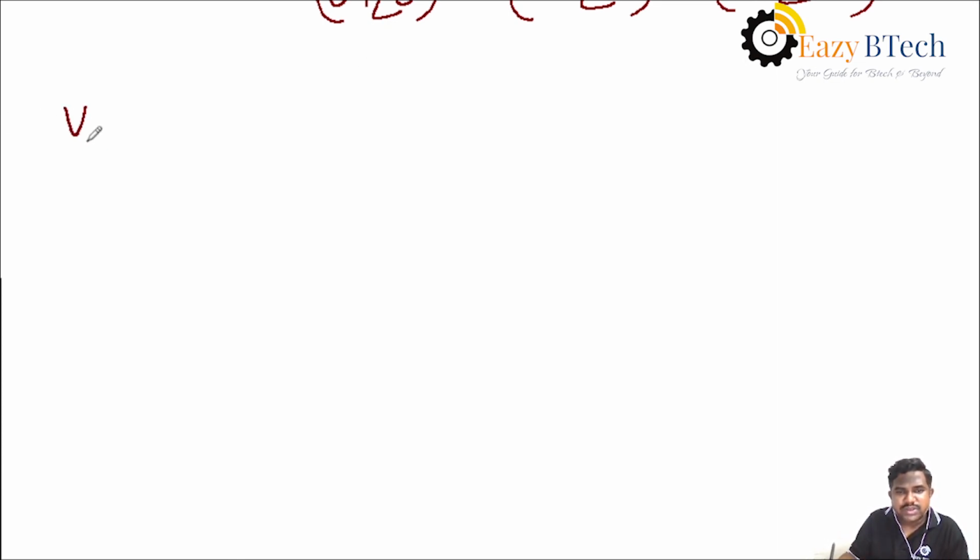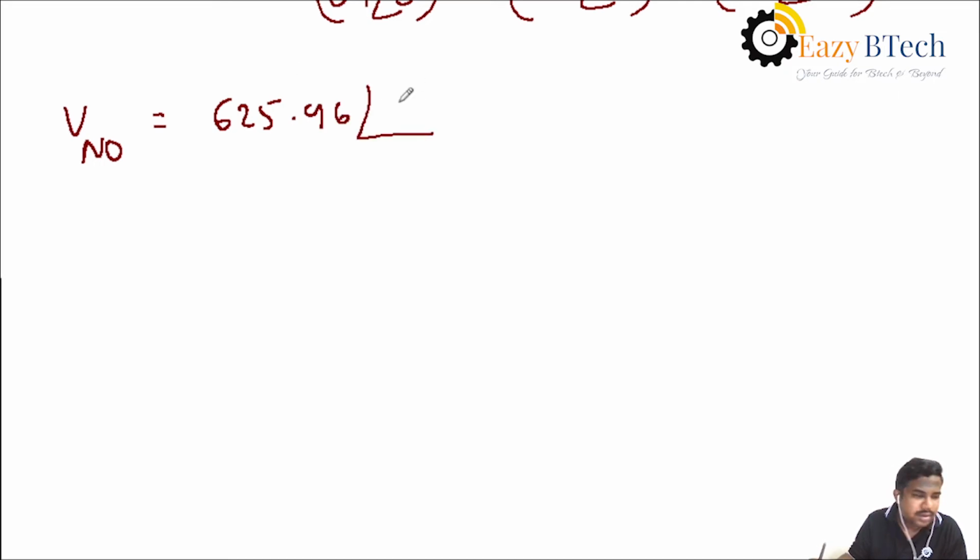You have to simplify that polar form, convert to rectangular form, then take the additions. Again, take the division, then convert into the corresponding polar form. Hence, the total voltage is 625.96 at an angle 180 degrees. That is volts. This is the total voltage between the two node points of the star connected system.